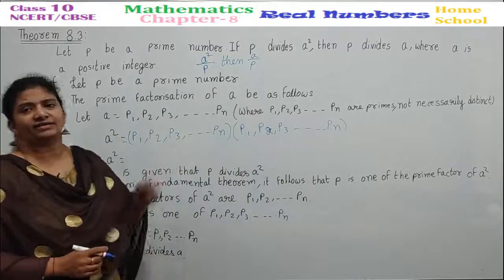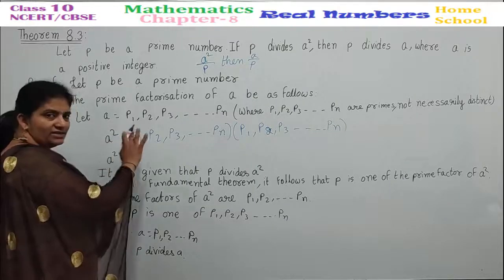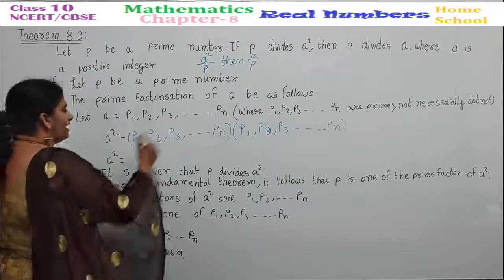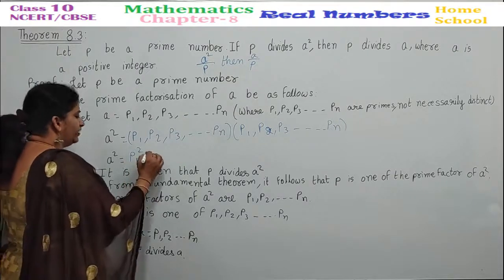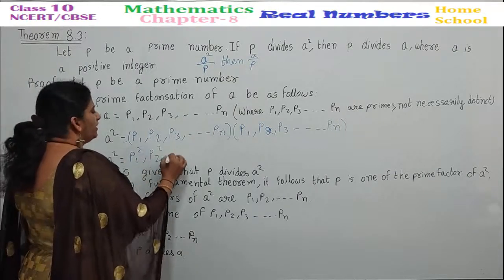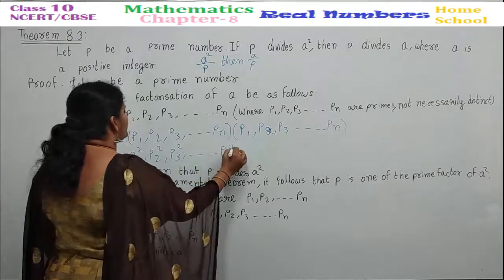These are all the factors. Right? A square can be written as A into A. Now multiply this, what happens? P1 square into P2 square into P3 square, so on up to Pn square.